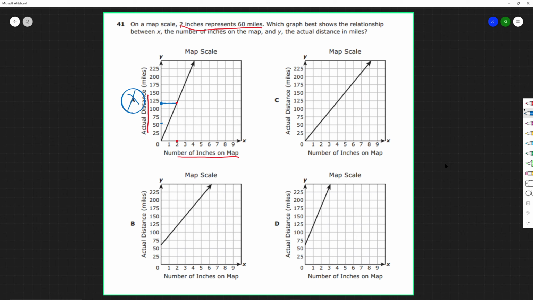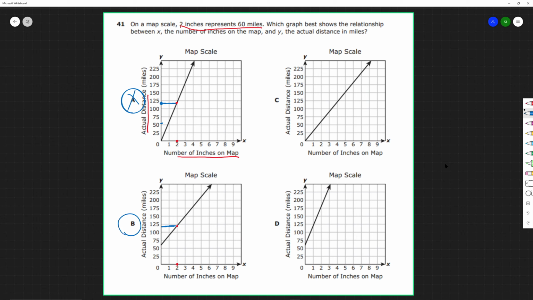Let's look at graph B. When x, the inches on the map, is 2, the data point is here. Now for this data point, the corresponding y, the corresponding actual distance, is also between 100 and 125. It cannot be 60.